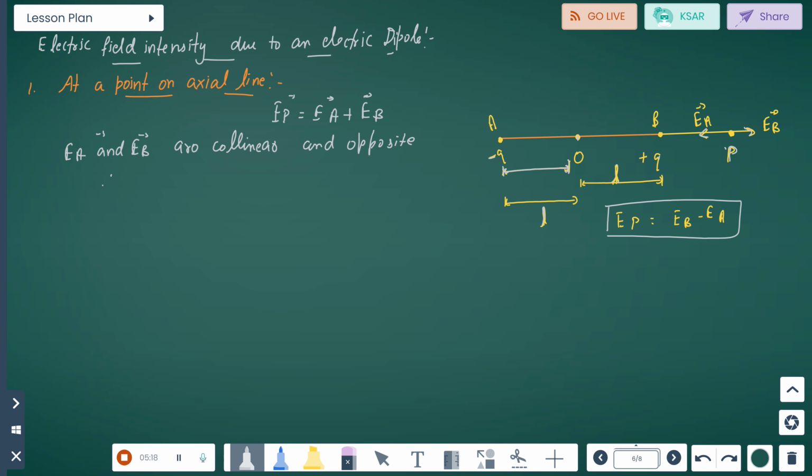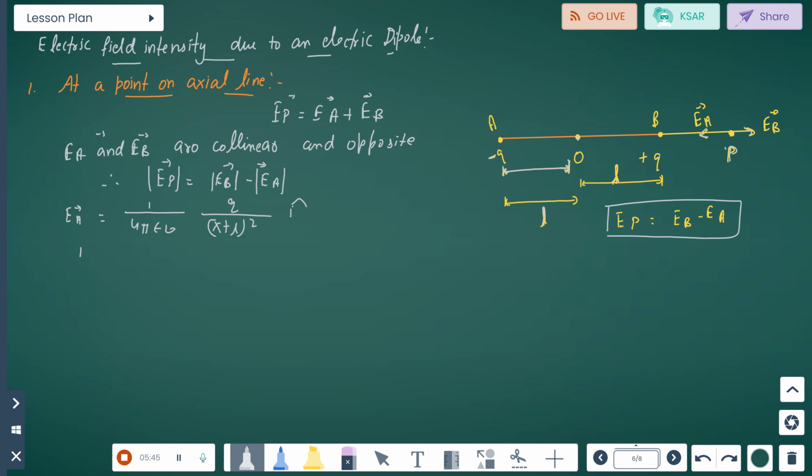Therefore, EP equals mod of EB minus EA. Therefore, EA equals 1 by 4 pi epsilon naught, q divided by (x plus l) square, vector.